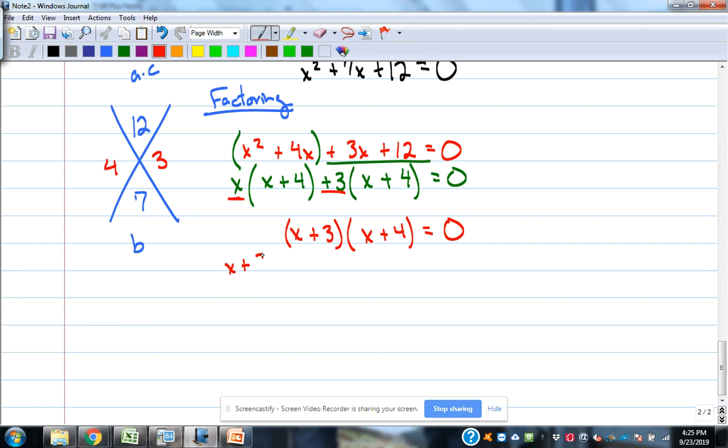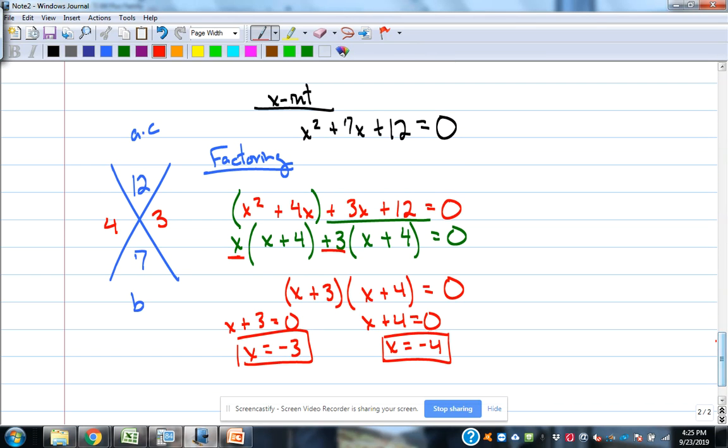So I set x plus 3 equal to 0, x plus 4 equal to 0, and I solve those. So negative 3 and negative 4. So our x-intercepts are at negative 3, 0 and negative 4, 0. The same places we saw on the graph where they crossed.